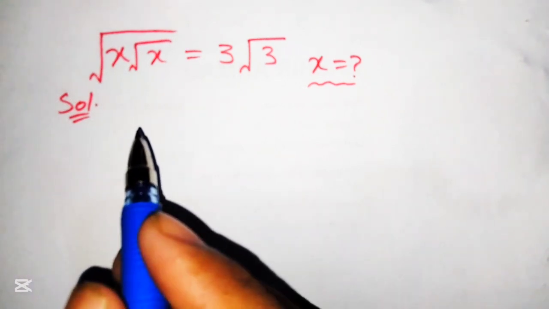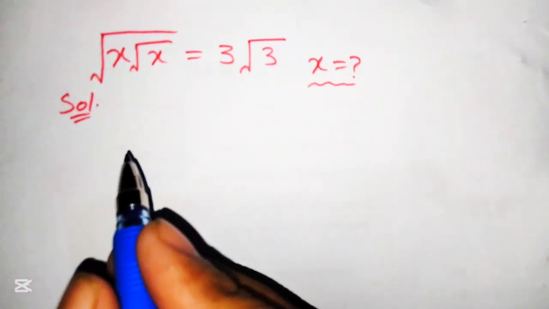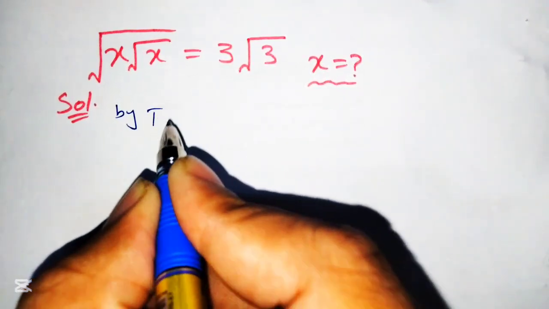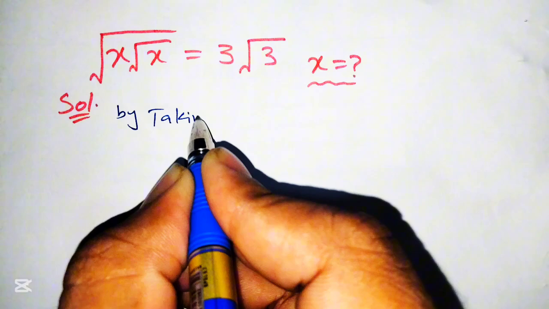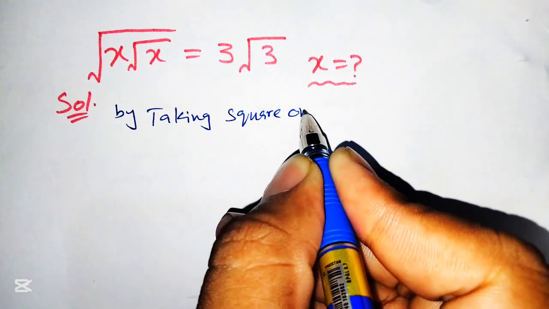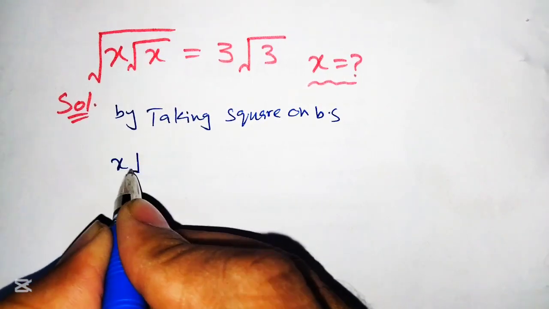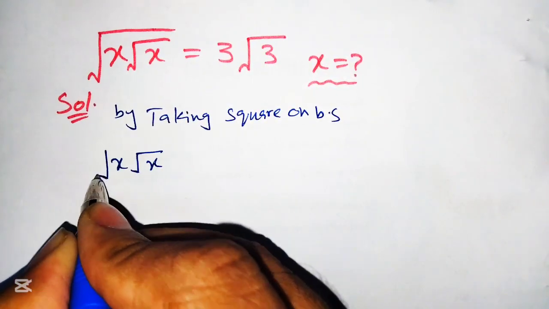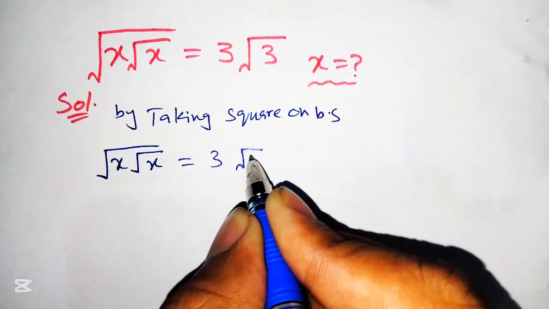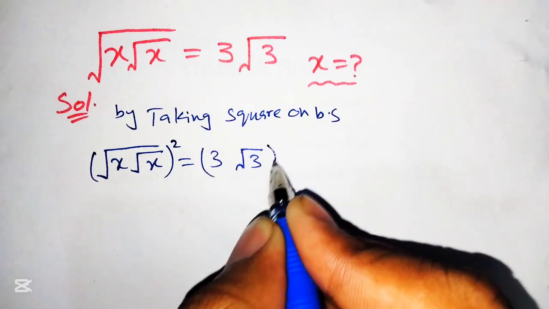Let's start the solution. To solve this, first we will eliminate this first square root by taking the square on both sides. We will get x times square root of x, whole square root, is equal to 3 times square root of 3, and whole square.